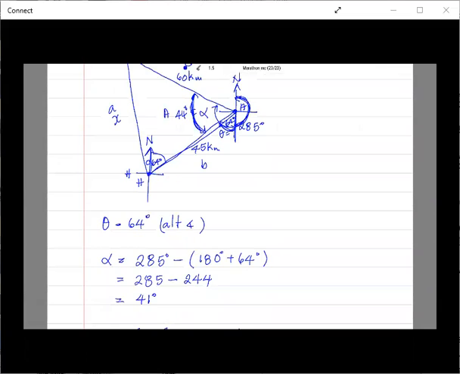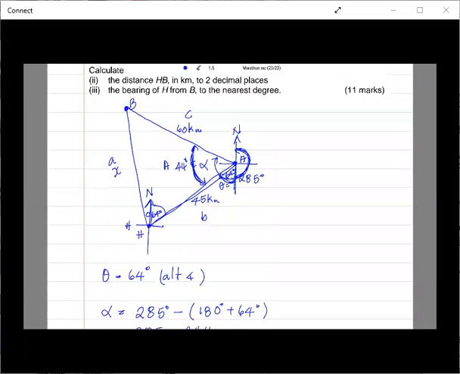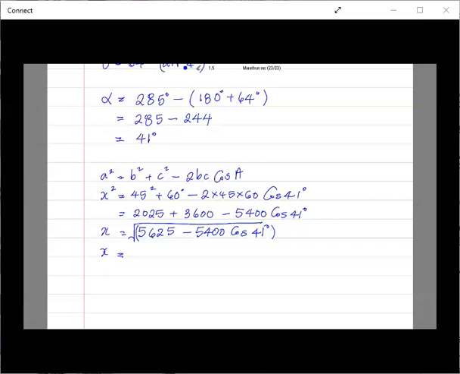So HB, and the answer correct to 2 decimal places. So HB is 39.36 kilometers.